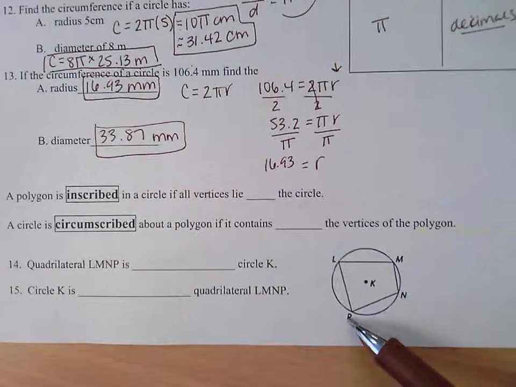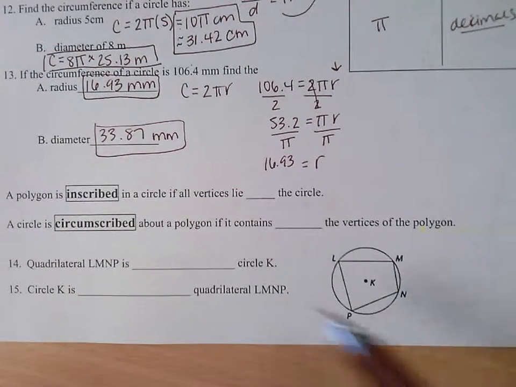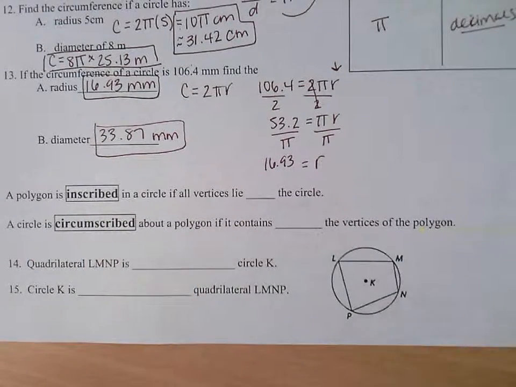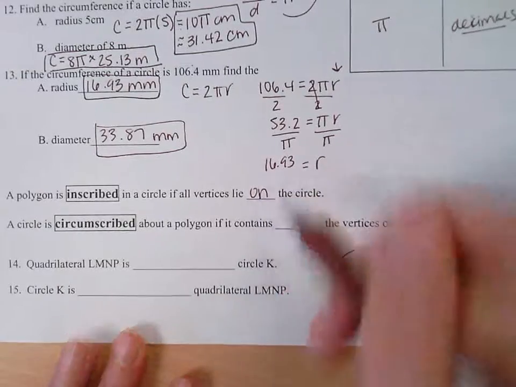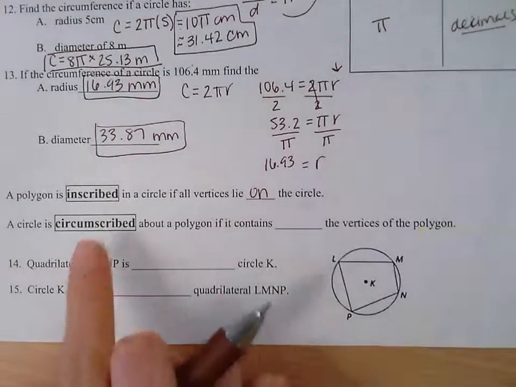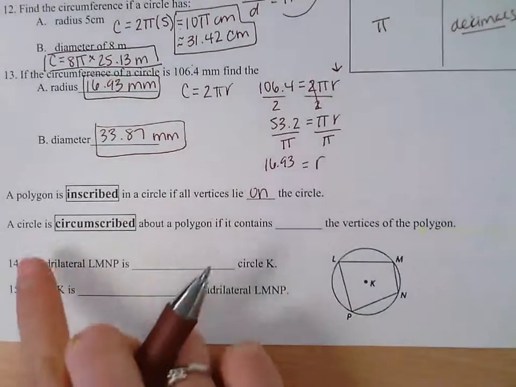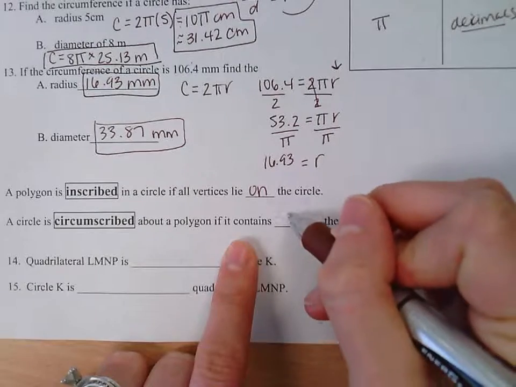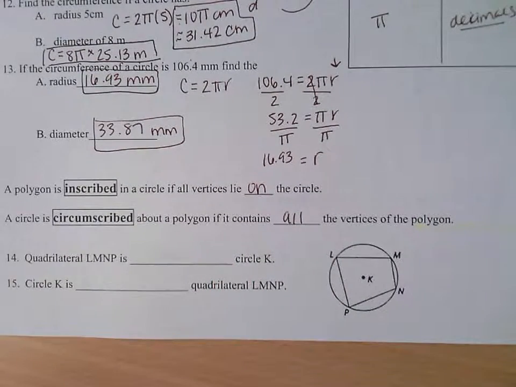All 4 vertices of that polygon are on the circle. So we would say then a polygon would be inscribed in a circle if all the vertices lie on the circle. That's how the polygon is described. The circle is described as being circumscribed about the polygon, and that's if it contains all of the vertices of that polygon.